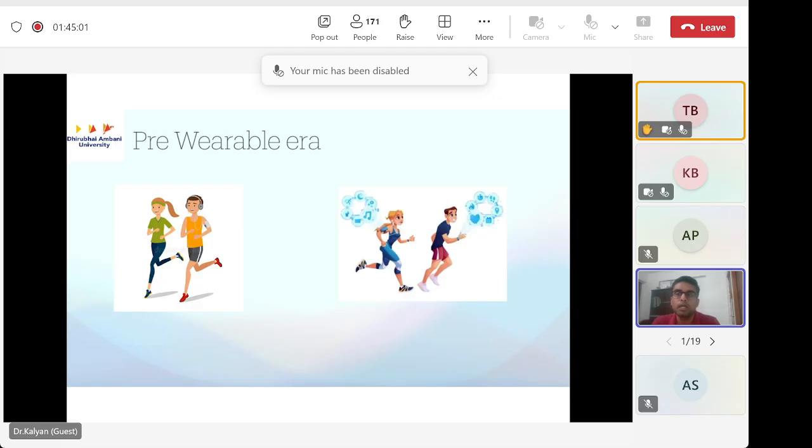And I'm sure many of you are actually wearing a smartwatch right now. So this is a transition from a smartphone based health information system to a smartwatch which is much smaller than a smartphone, both size wise and weight wise. So you don't need to carry your phone anywhere.